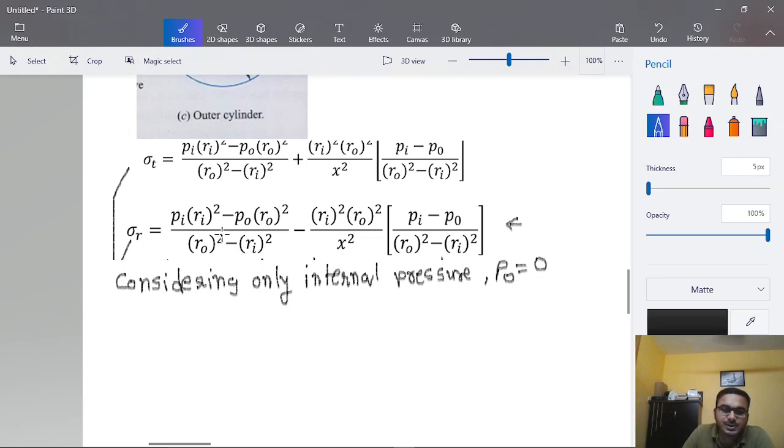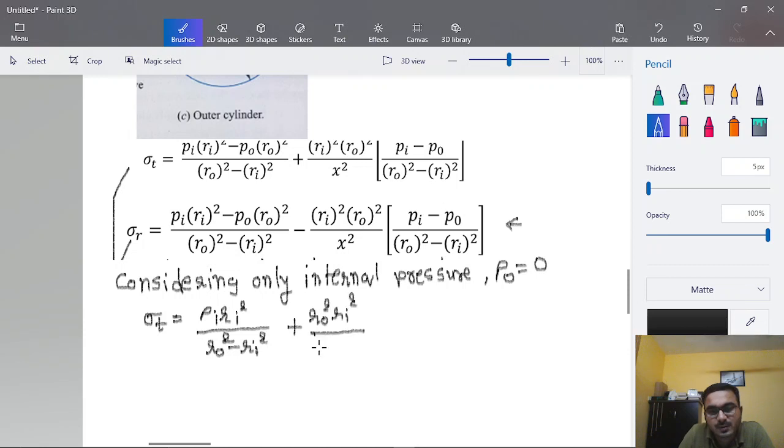So again now we can modify these two equations. Sigma T is equal to Pi Ri square divided by Ro square minus Ri square plus Ro square into Ri square divided by x square, minus Pi upon Ro square minus Ri square.